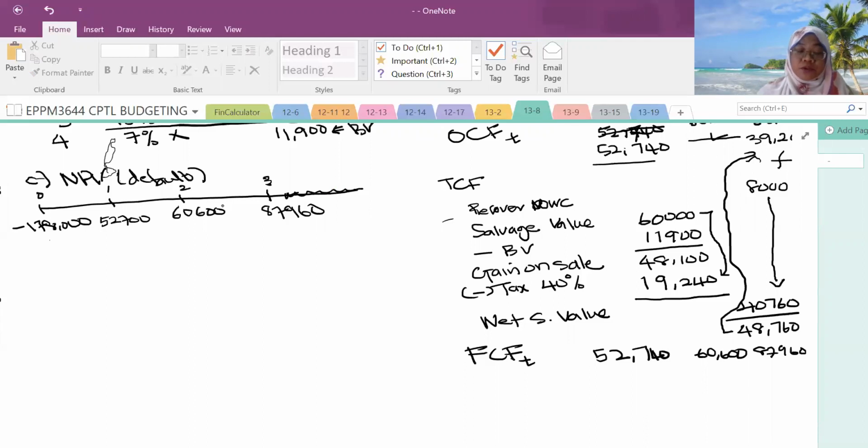Okay, I'm going to input 12%, right, for the WACC, and then cash flow 0 is negative 178, and then cash flow 1 is 52,740, cash flow 2 is 60,600, and cash flow 3 is 87,960, right?